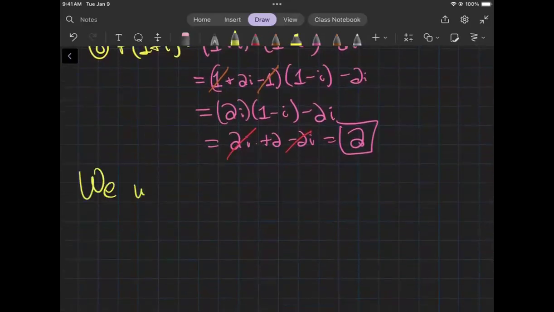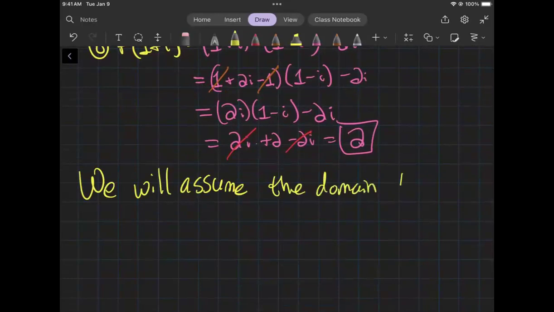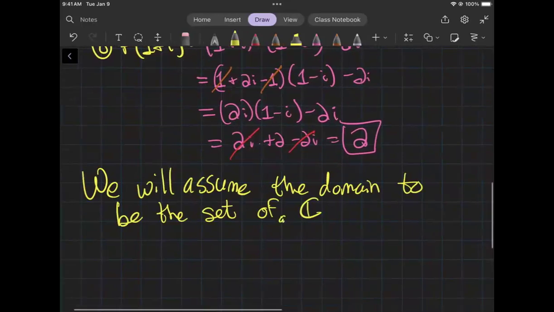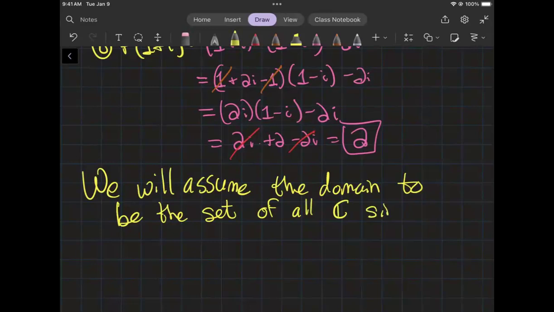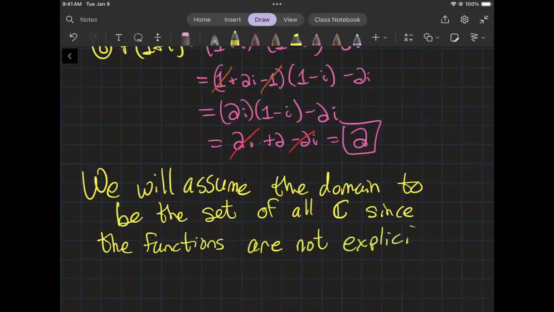So we will assume the domain to be the set of all complex numbers, since the functions are not explicitly defined.